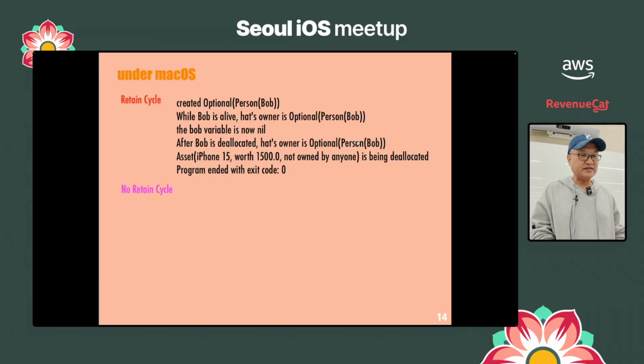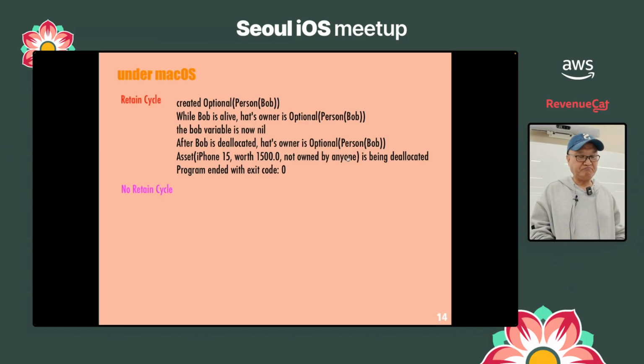This is the retain cycle, it should be nil. And the offset iPhone 15 was, 1500 and not owned by anyone because the previous takeOwnership class method didn't use this offset iPhone 15. It's being deallocated. So that's why not owned by anyone.